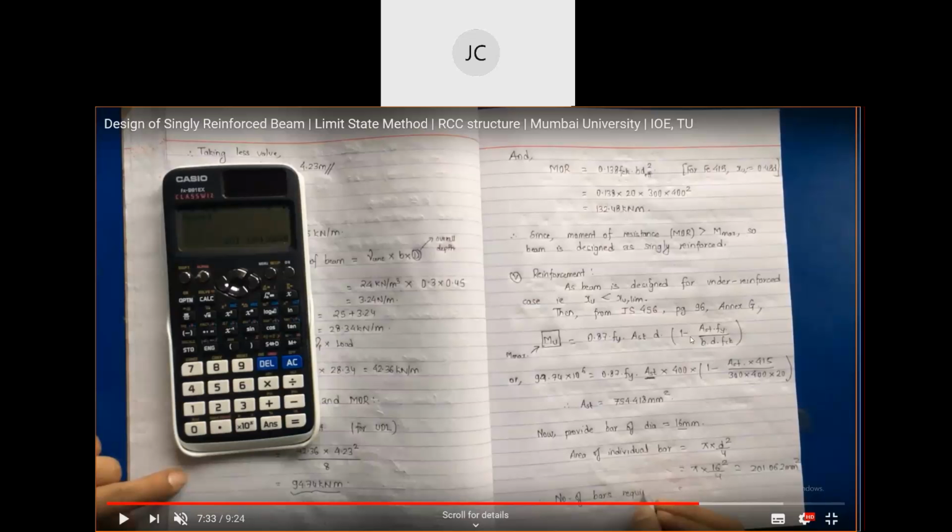For a singly reinforced beam, everything is written here, page number 96, so from this page you will get Mu equal to this equation. This is the moment of resistance for this kind of beam. In this equation, all the values are known except the area of steel.